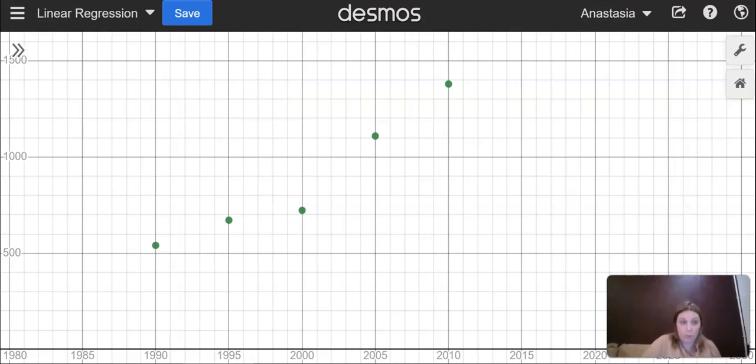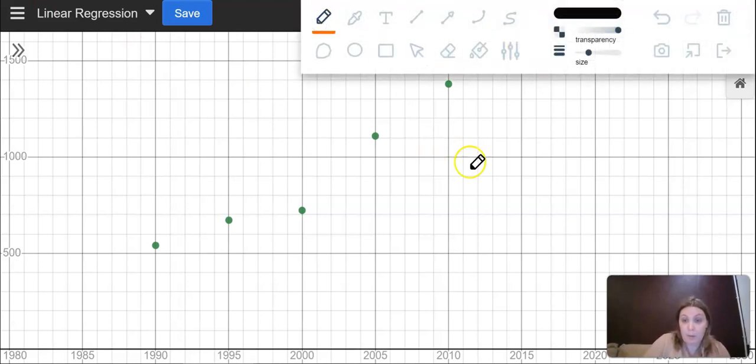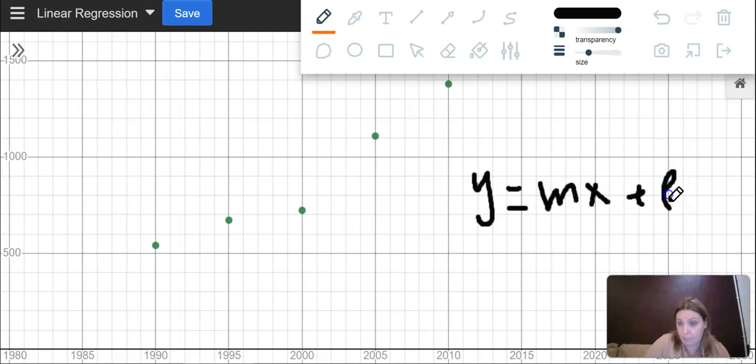So what do I do? Well, if you all remember, the most common way we write down a linear function is, of course, mx plus b. So that is the type of command that I'm going to input into Desmos.